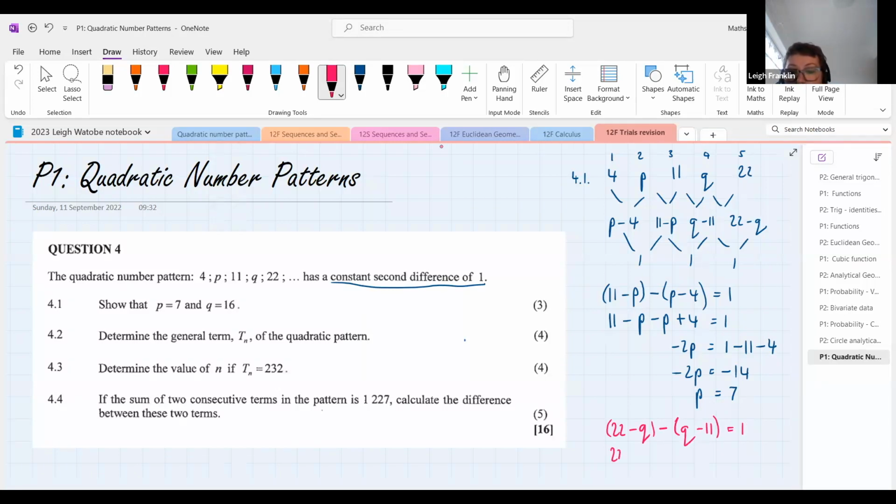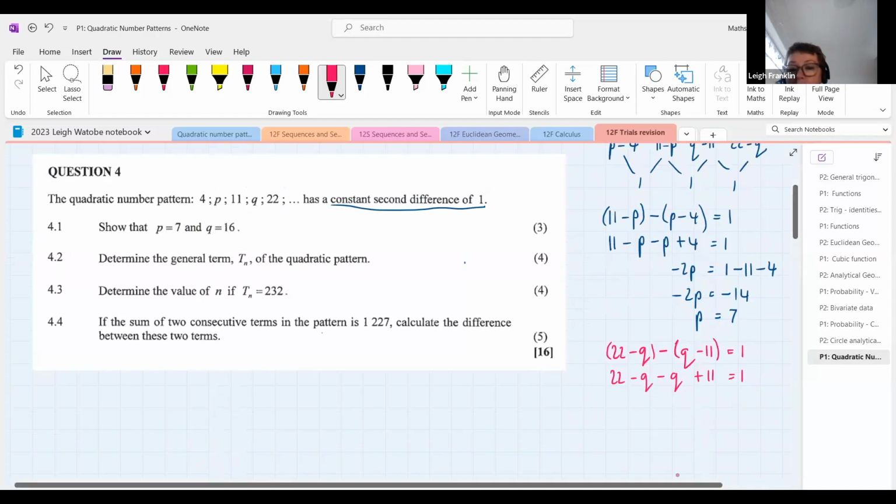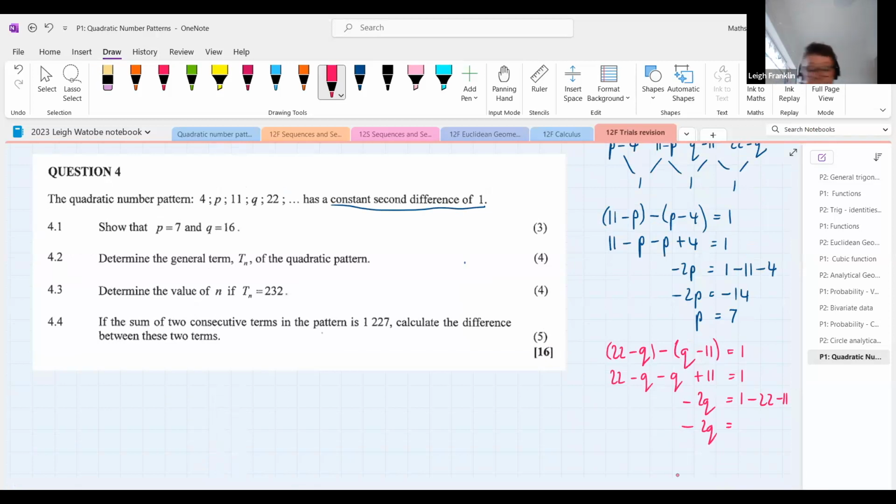So we'd end up with 22 minus q plus 11 would be equal to 1. Okay, so that gives us negative 2q on the left, and here we would have 1 minus 22 minus 11. So negative 2q would be equal to negative 32. Excellent.